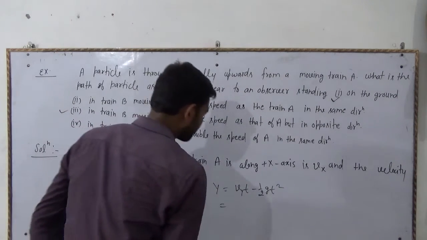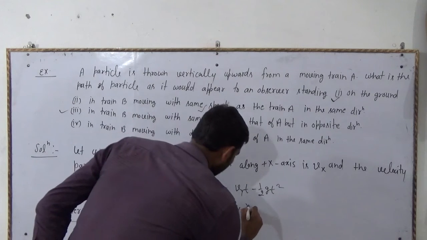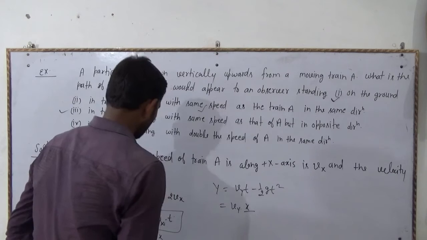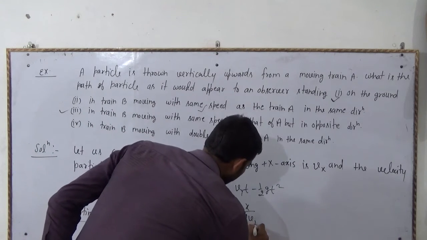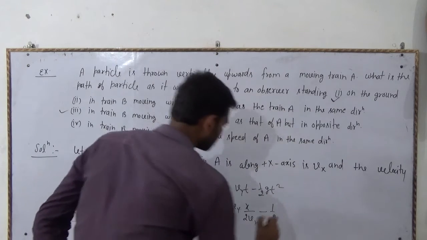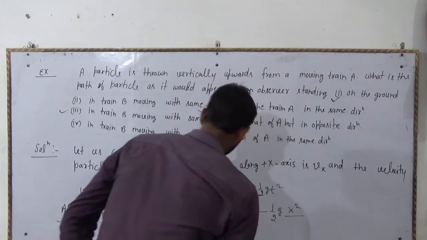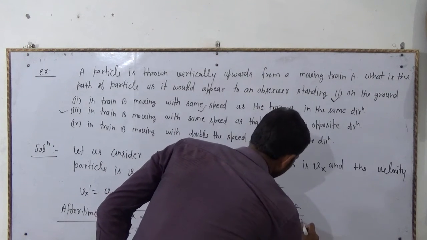So we put the value: y equal to Vy into x by 2Vx minus half g t square, and t square will be x square by 4Vx square.